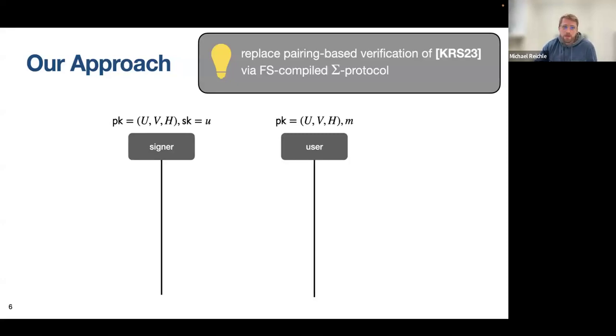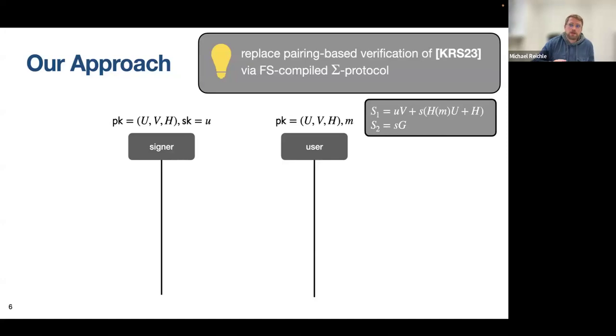In this scheme, the signatures have the form S1, S2 that I've written here. The form is not really important. What I want to highlight is that it's derived from a Boneh-Boyen IBE, using the generic IBE to signature transformation. And I just want to highlight that the signature is also reasonably linear.